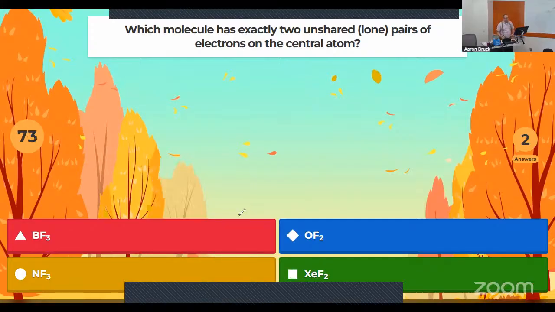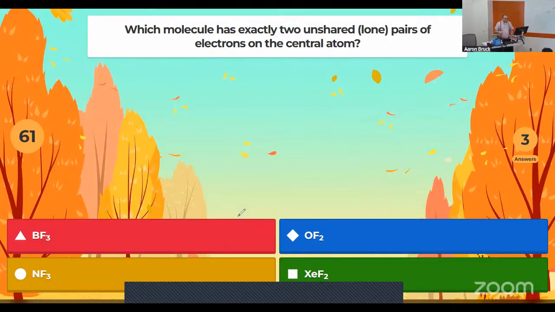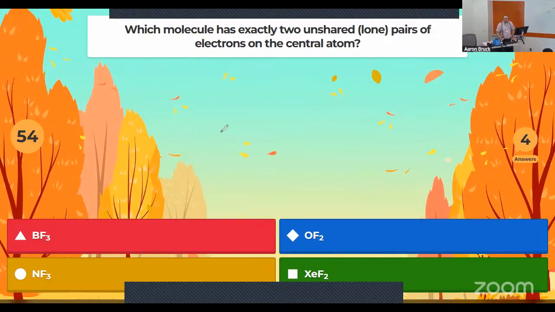Now, the thing about questions like these is your first inclination is going to be to draw all 4 of them and see which one comes out that way. Here's where I want you to use your brains though, because there's actually a faster way to do this where you don't have to actually draw anything. Now, I'm going to take it on faith that all of you know how to draw all 4 of them. After all, that is kind of what we spent the better part of a month doing.